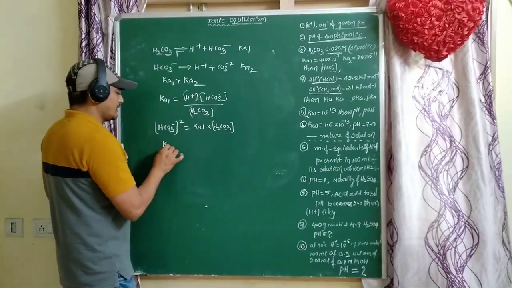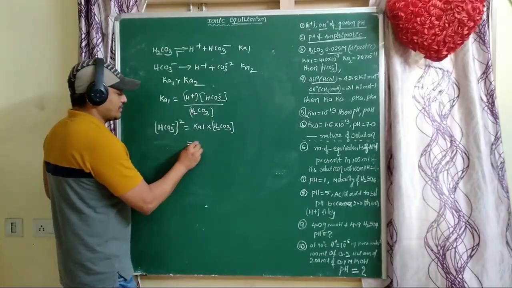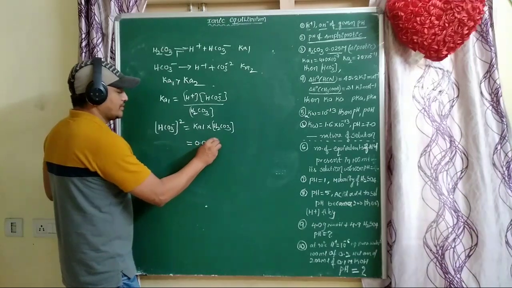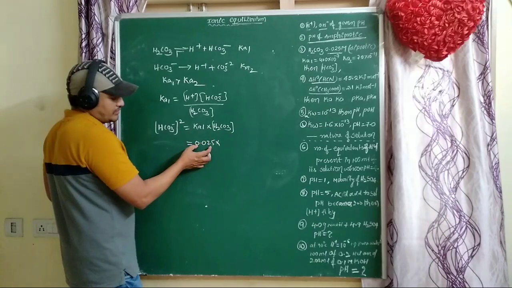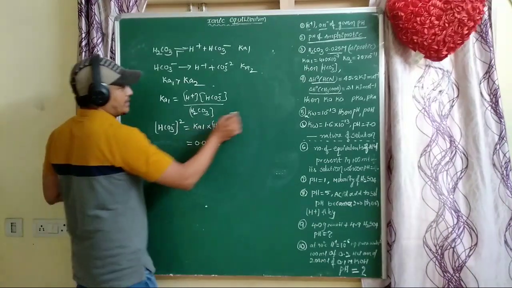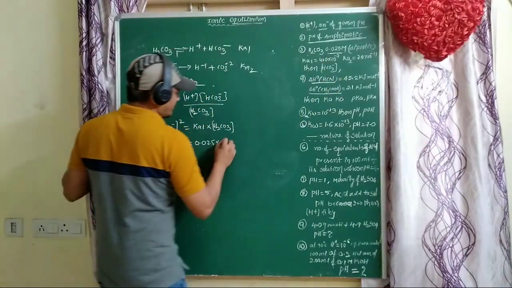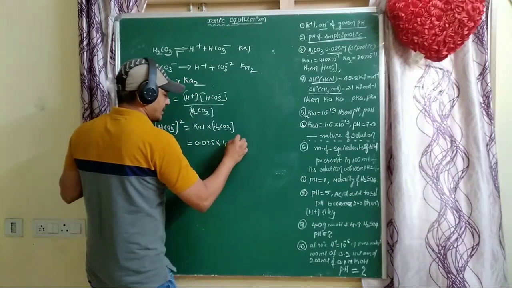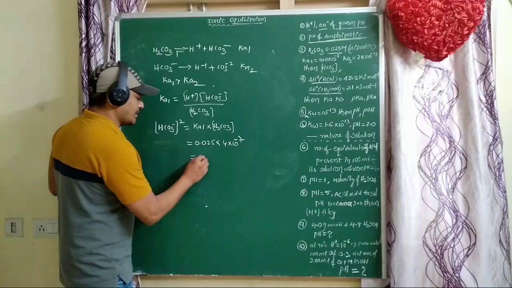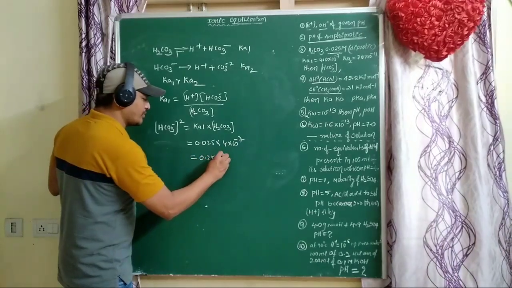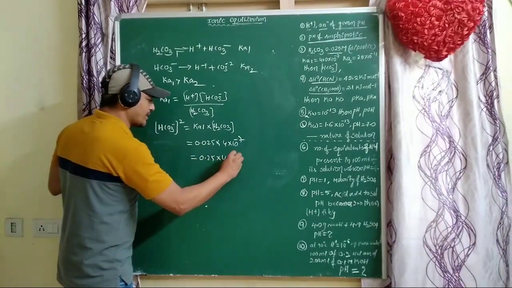Here Ka1 equals 4 into 10 power minus 7, so we write 0.25 into 4 into 10 power minus 8.